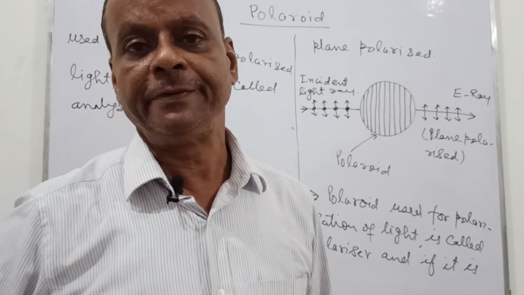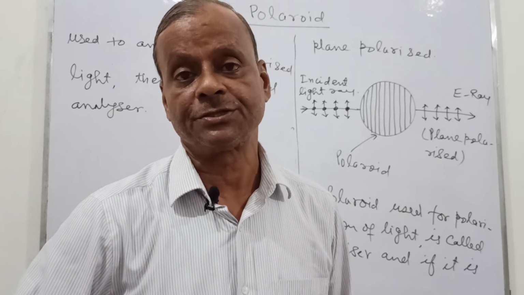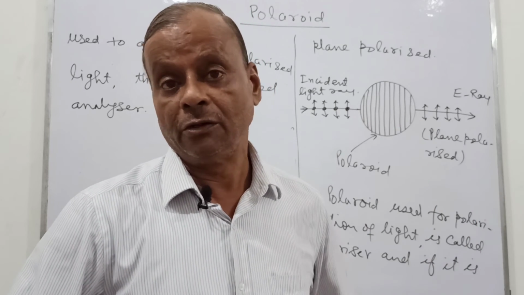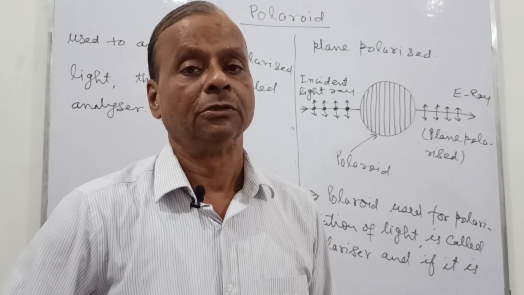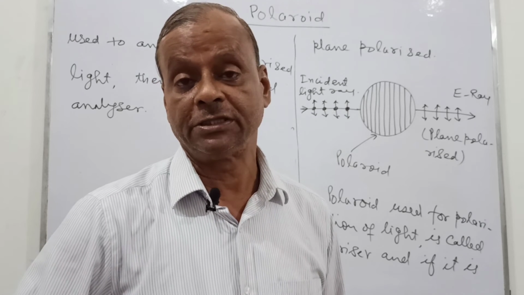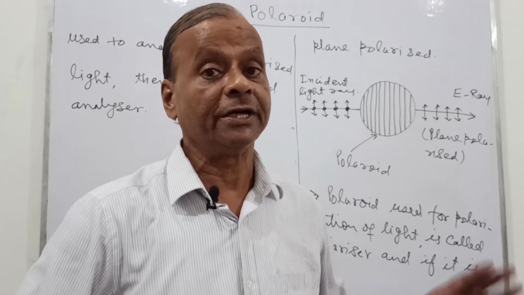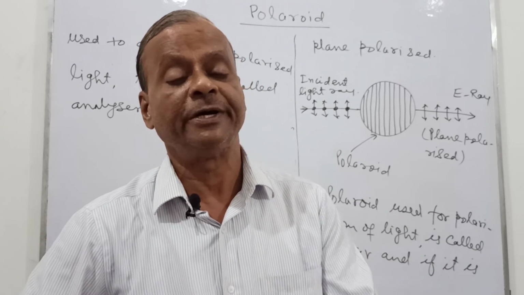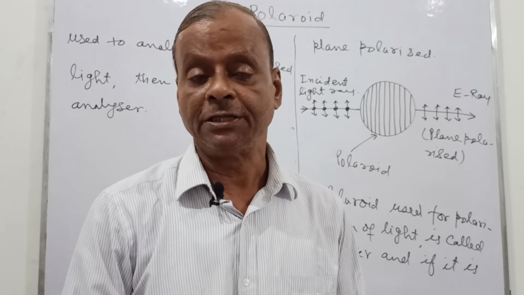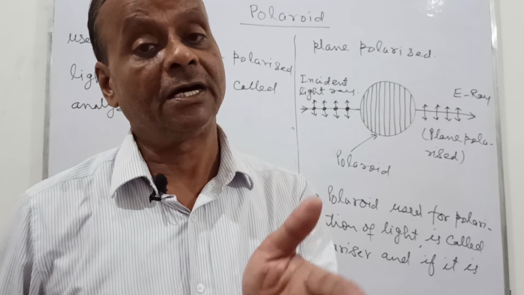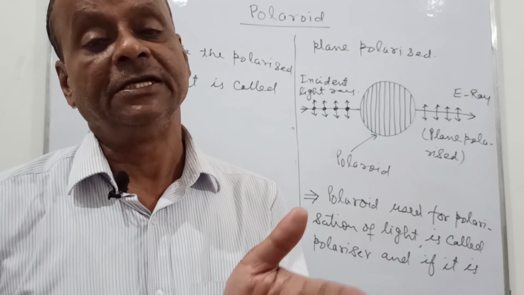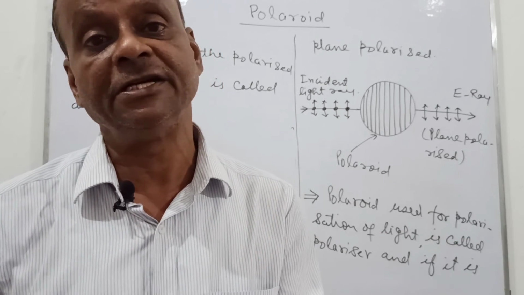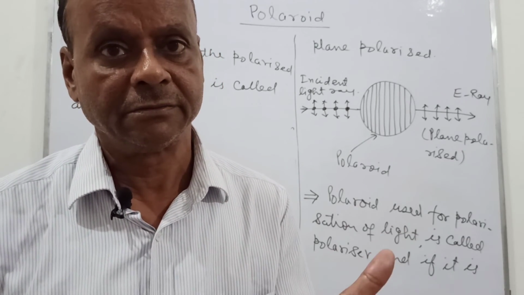In the next video I will tell you about the types of polarized light, and also what happens to the Malus law. That is very important. You can immediately see from here that since there are two kinds of vibrations in the ordinary ray, one kind of vibration is absorbed. It means that the intensity of the transmitted ray is 50% of the incident light ray.